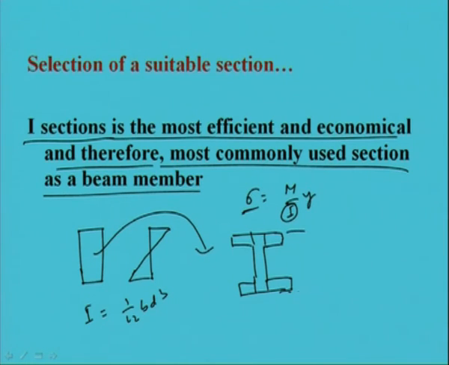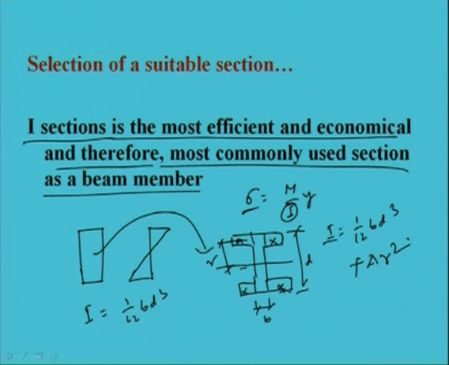If this is D and this is B, I can find I equal to 1 by 12 BD cube plus this portion, that is A into R square, where R is the distance between the CG of this portion and the CG of the total section. So, we can increase this I up to a certain level by making the configuration of the beam member like this in place of a rectangular section.